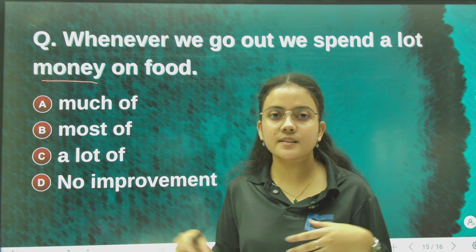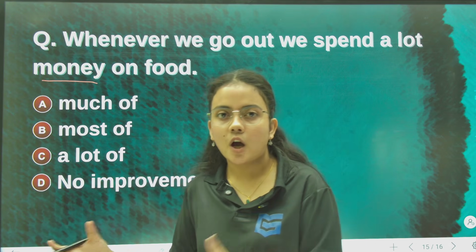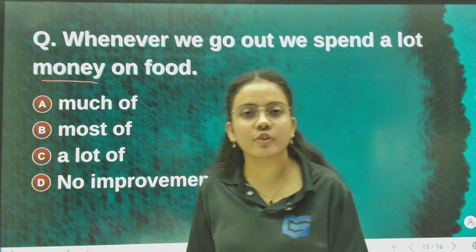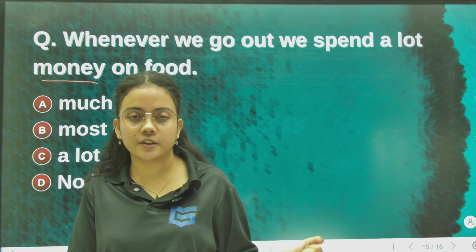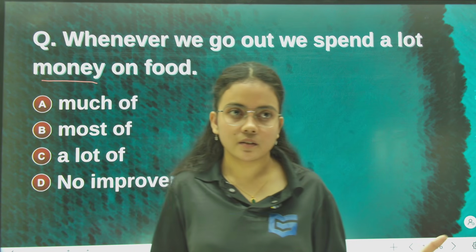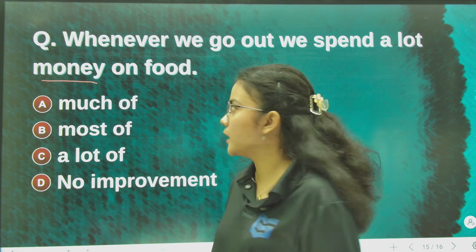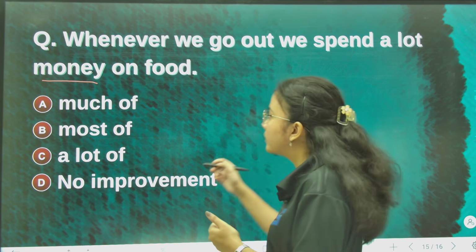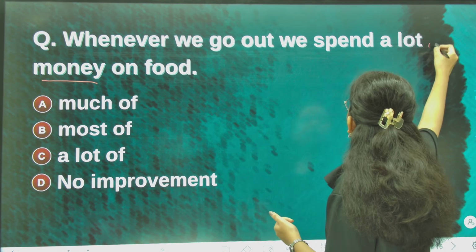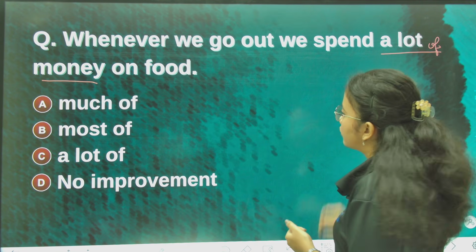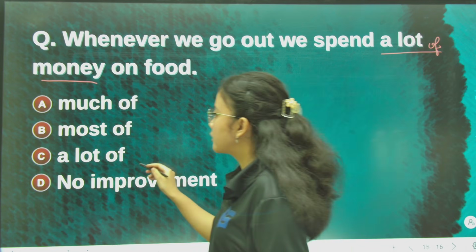We say a lot of food, a lot of rice, a lot of water. A lot of what? A lot of money. We add a preposition, which is "of": a lot of. So the correct answer will be a lot of.